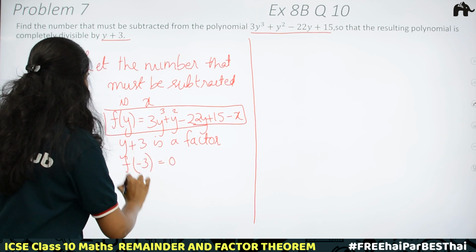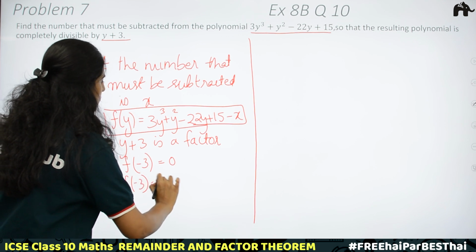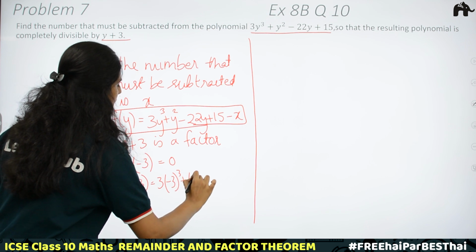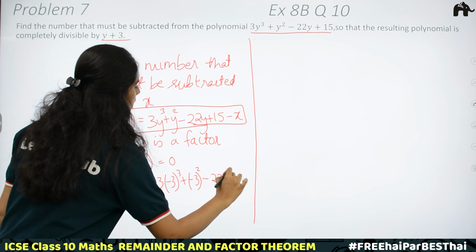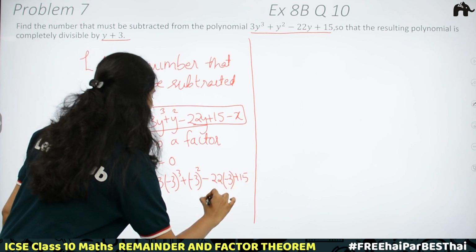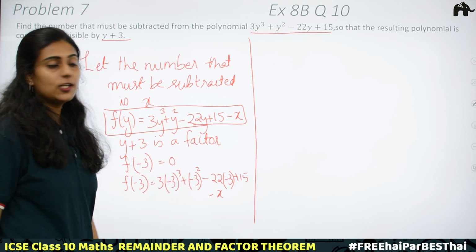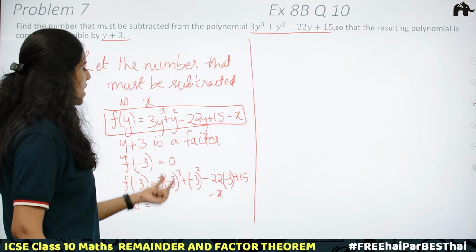What is f of minus 3? Expression we get f of minus 3 is equal to 3 into minus 3 cube plus minus 3 whole square minus 22 into minus 3 plus 15 minus x. F of minus 3 is equal to 0. 0 is equal to 3 into minus 3 cube.